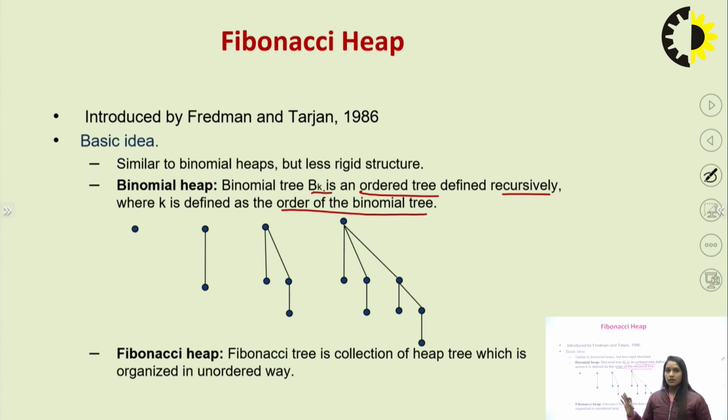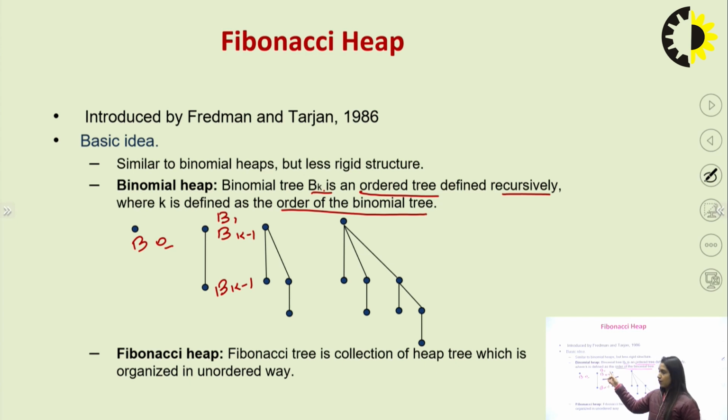We design this binomial tree in this format. If this is B0, the order of this binomial tree is 0. This is B1. Here one node represents Bk minus 1, and the other node represents Bk minus 1.